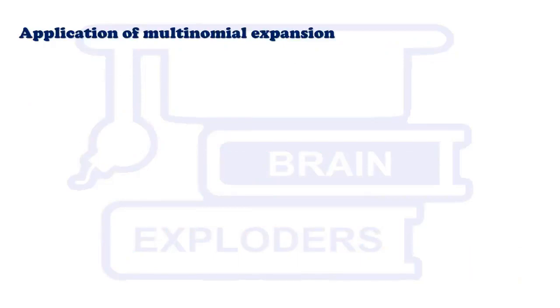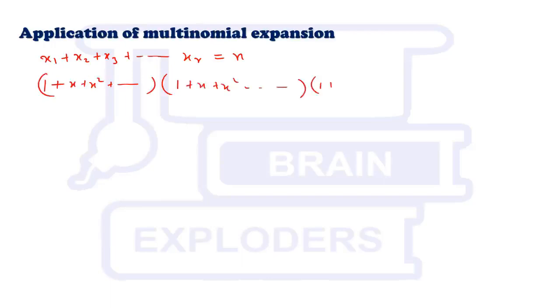Now in general, if we take x1 plus x2 plus x3 and so on up to xr equals n, we have to find its solution. So it can be written like (1 plus x plus x square and so on) multiplied by (1 plus x plus x square and so on) multiplied by (1 plus x plus x square and so on), r times.